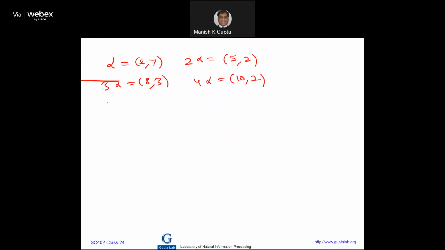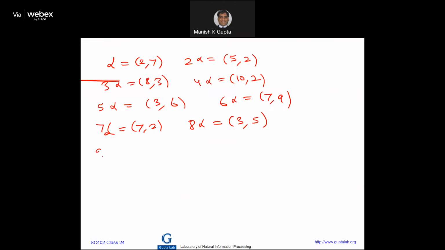You can compute these values by hand to get a feeling. 5 alpha is 3 comma 6, 6 alpha is 7 comma 9, 7 alpha is 7 comma 2, 8 alpha is equal to 3 comma 5, 9 alpha is equal to 10 comma 9, 10 alpha is equal to 8 comma 8, 11 alpha is equal to 5 comma 9, 12 alpha is equal to 2 comma 4. How many points? 1, 2, 3, 4, 5, 6, 7, 8, 9, 10, 11, 12. So we are getting all 12 points, right?